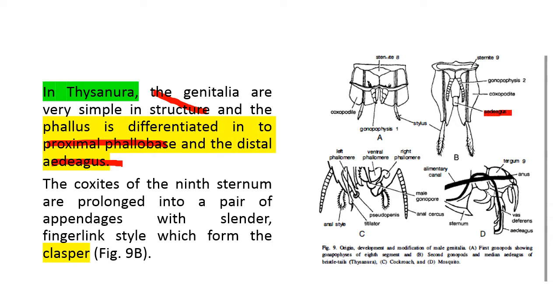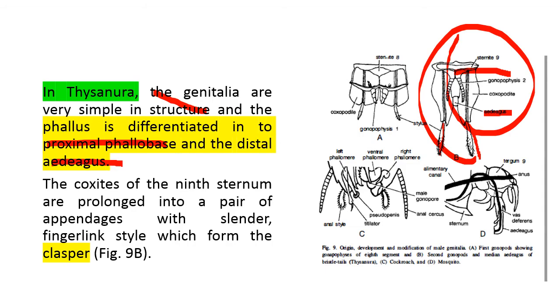So this is the distal part, which is aedeagus, and the proximal part will be known as the phallobase. So the coxites, the coxa parts of the ninth sternum, you can see they are prolonged into long, slender appendages. These are finger-like stylus, and which act like claspers for holding the female. So this figure is of Thysanurans.